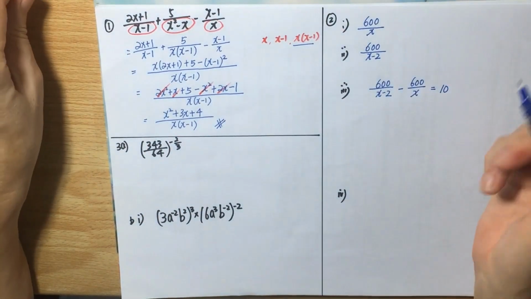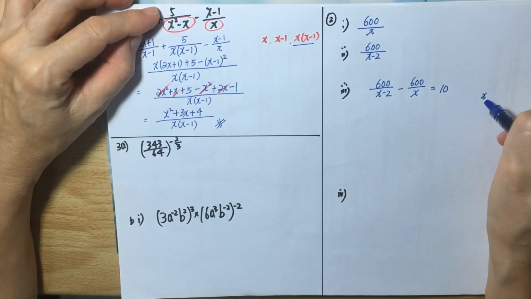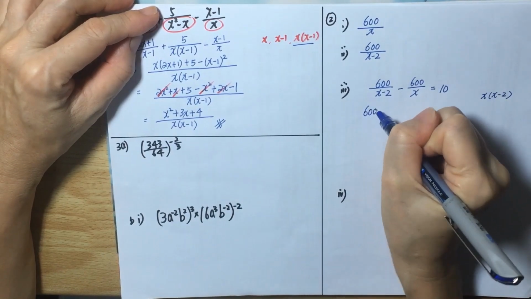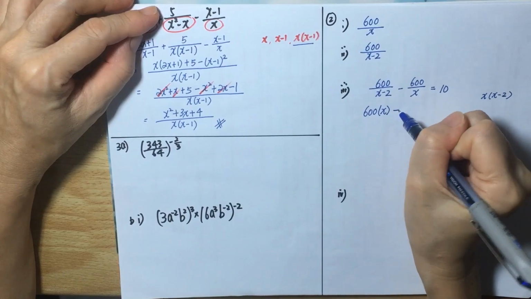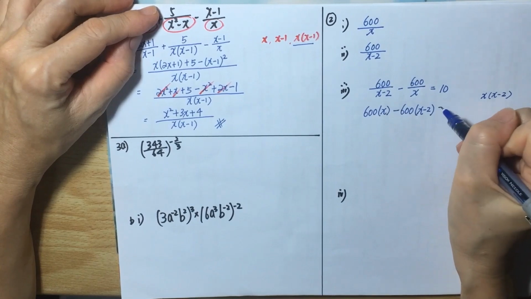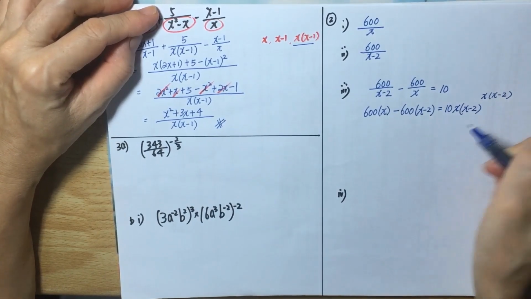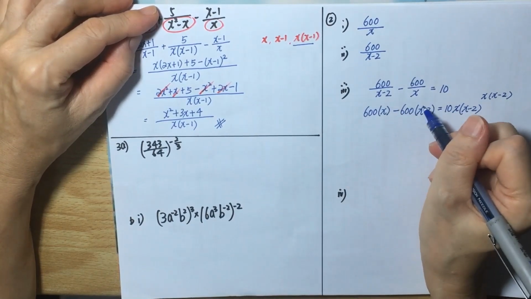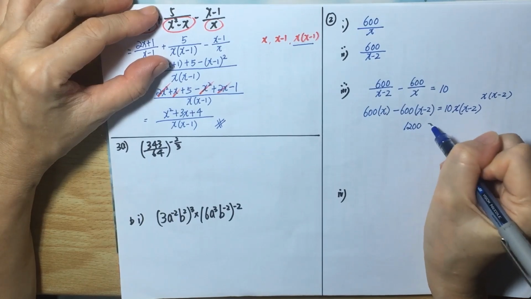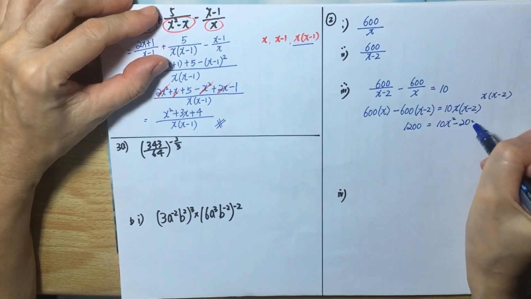Again, fractions, we want to combine and simplify. The common denominator will be x times x minus 2. So we're going to have 600 multiplied to the x, minus 600 multiplied to the x minus 2, equals 10 multiplied to x multiplied to x minus 2. We have 600x, 600x, so they cancel out. So we have 1200 equals 10x squared minus 20x.